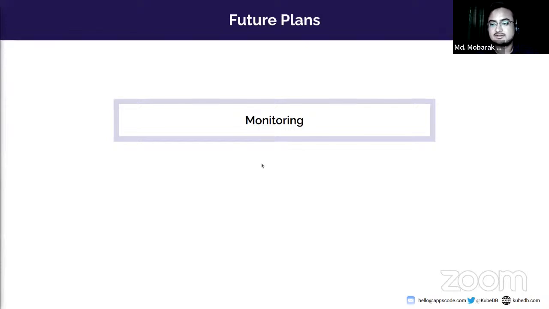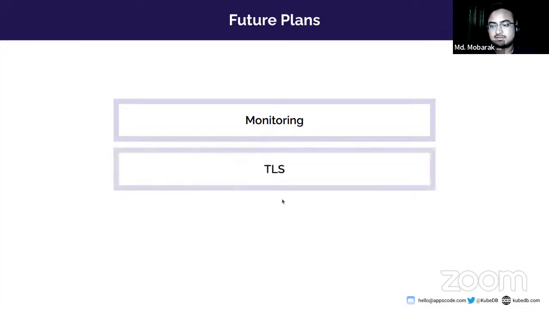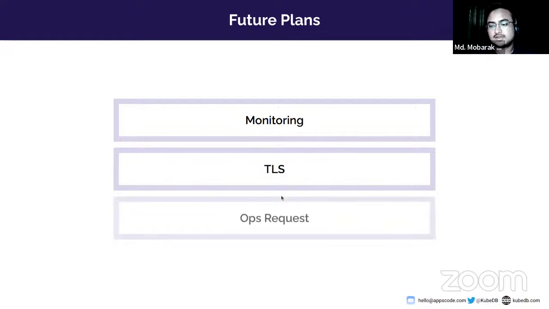The monitoring feature, the Prometheus and Grafana dashboards, all are here. You can check it. We can keep the links in the description. Also, soon we will enable TLS for our Pgpool. Also, we will bring ops requests so that you can reconfigure your Pgpool in running state.